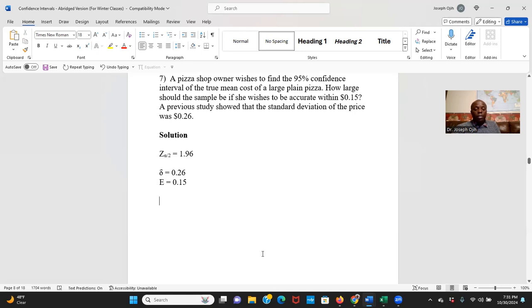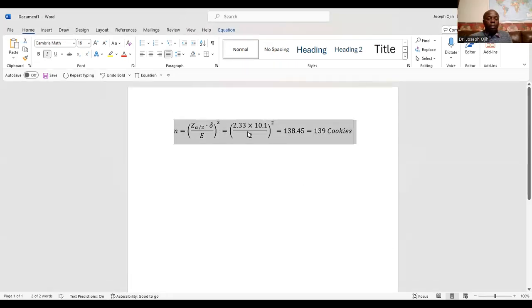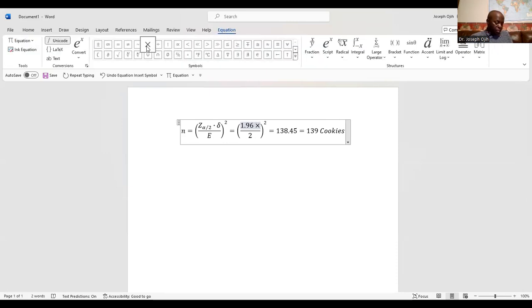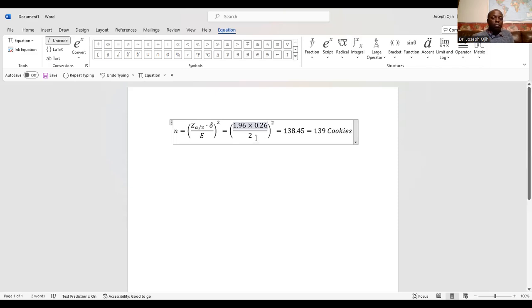First of all, let's put it in the formula first, then you can put it in a calculator. So we're gonna have Z alpha over 2, that means 1.96 times 0.26. What about error? What's our error? Let me double check this.